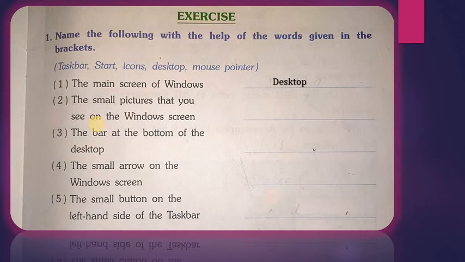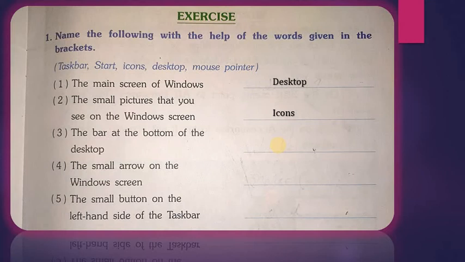In the desktop window you can see at the left side many small square icons. What am I telling? Icons, the small pictures. So the answer is icons.